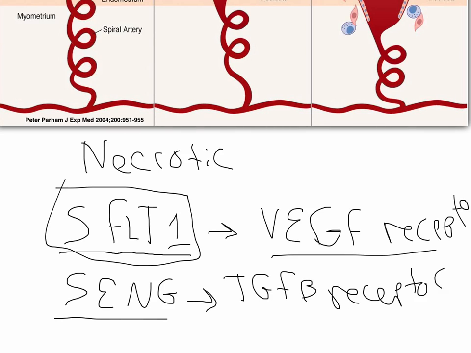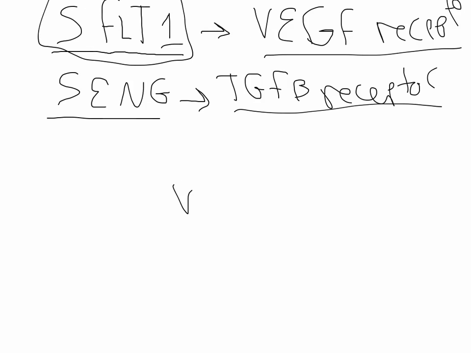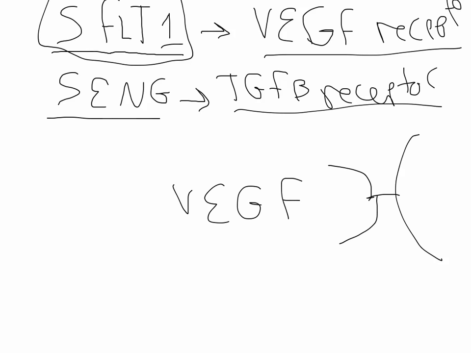So what do VEGF and TGF-beta do, and how are these soluble receptors affecting it? So if I have a VEGF molecule, vascular endothelial growth factor, floating around, typically here's a cell and it will bind to a receptor.